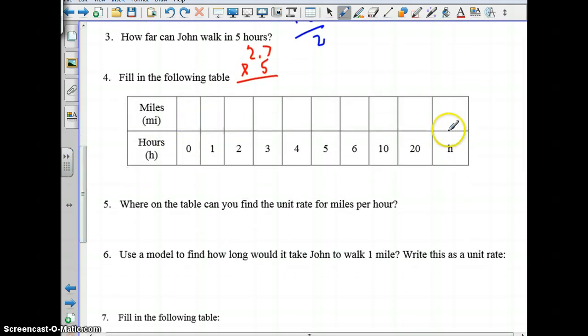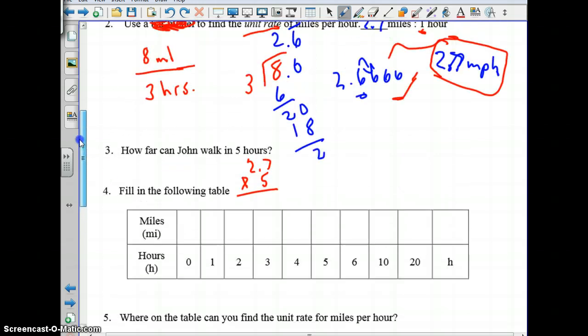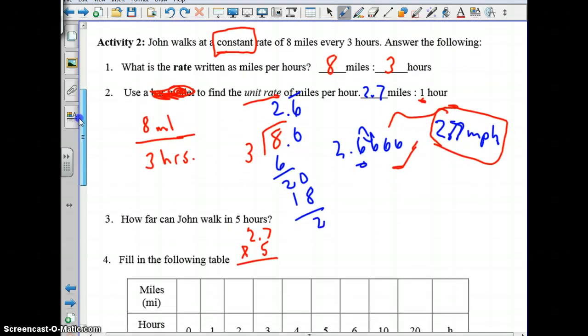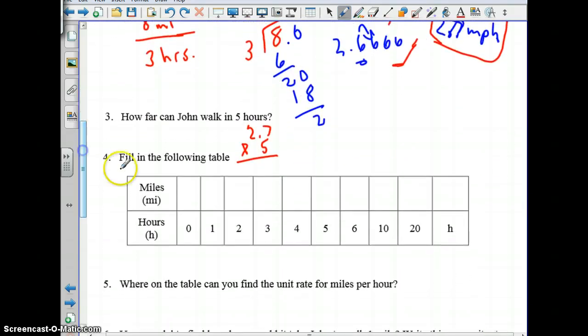One of the things we do with rates and ratios is we extend the pattern and make tables. So our pattern is every 1 hour we go 2.7 miles. So I'll go ahead and put that in there. Well, after 0 hours, how far have we gone? Nowhere. So 0 hours, 0 miles.